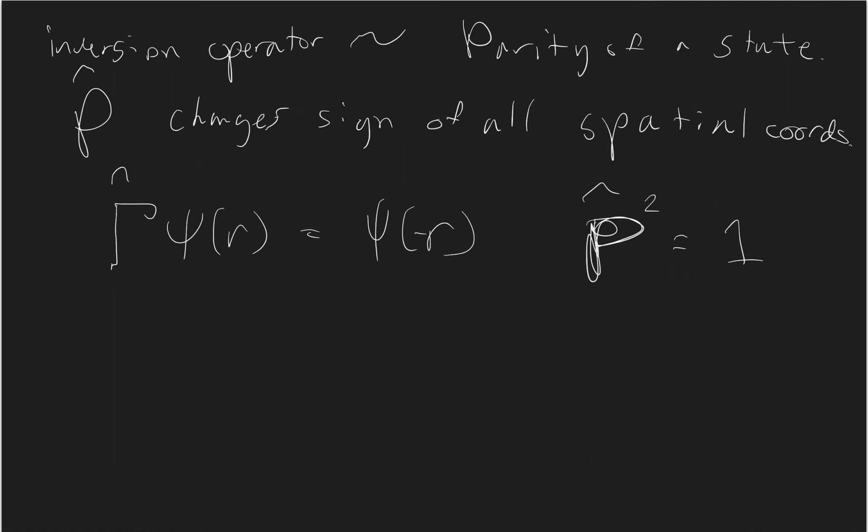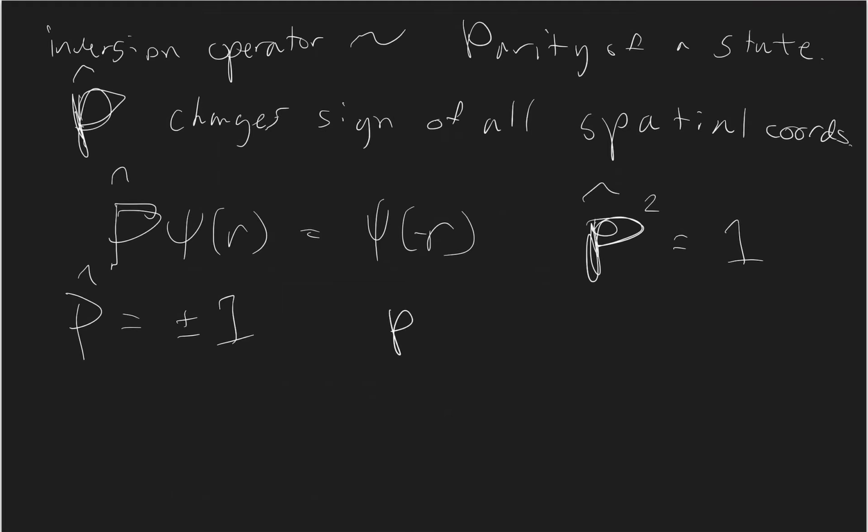And this is not momentum. This is a capital P. Let's make that very clear. This is a parity or inversion operator, and the square of it has a special property. If you square it, it gives you 1. And so that means the eigenvalues are going to be plus or minus 1.